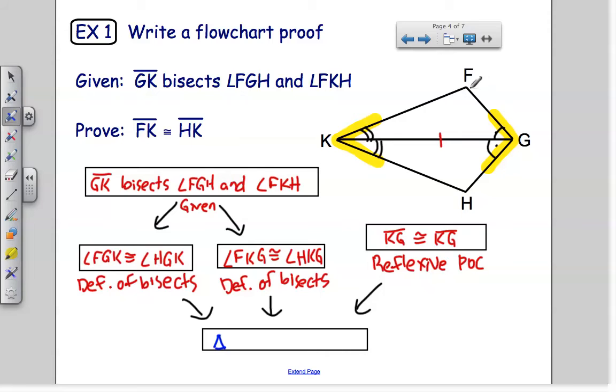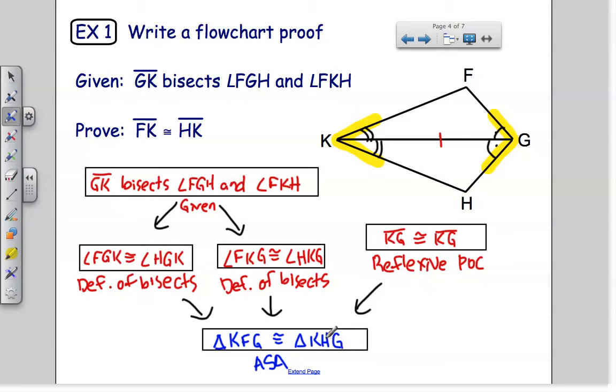So if I call this triangle KFG, is congruent to triangle KHG, the corresponding vertices for the other triangle. What's the reason? What shortcut led me to this? Well, I have angle, side, angle. I noticed the side is in between the two congruent angles, so this is an angle, side, angle situation, the included side between the two congruent angles.